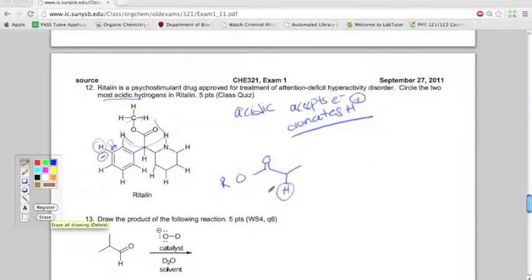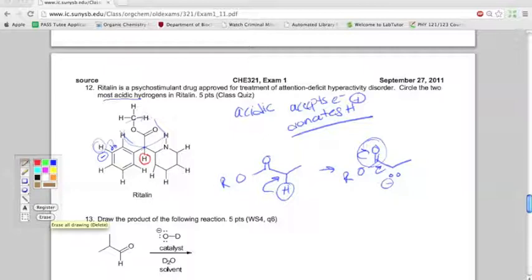If you remove these hydrogens and you donate your lone pairs, you are going to be able to resonate with that carbonyl. So since you have resonance, your negative charge is going to be delocalized, and this molecule will be able to handle that negative charge more easily. So we have an acidic hydrogen over here.